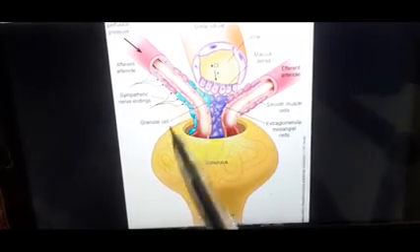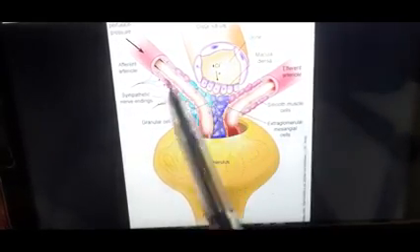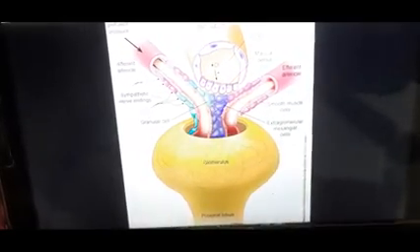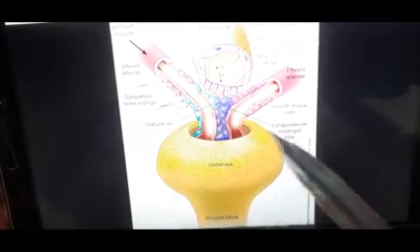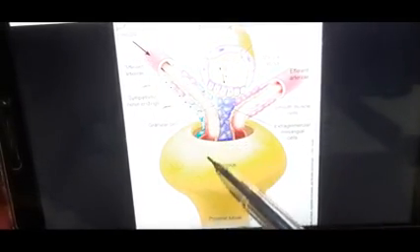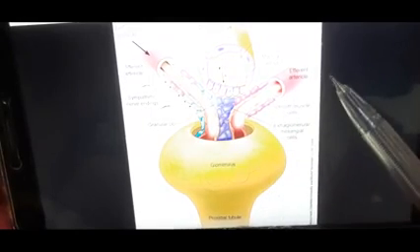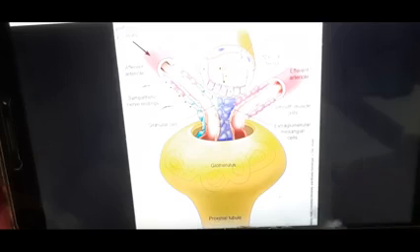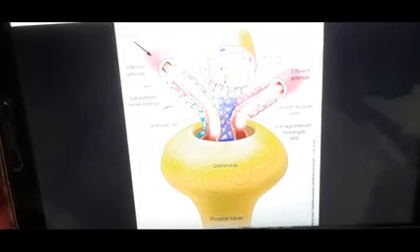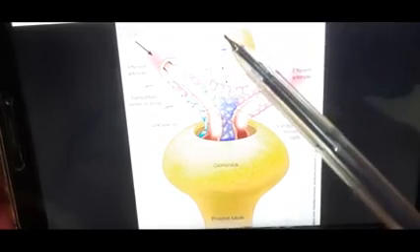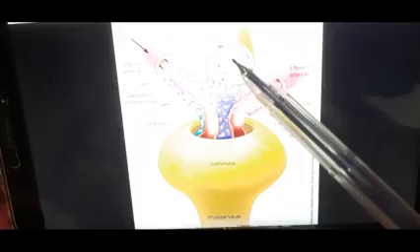So this picture which you have seen, this is the juxtaglomerular apparatus. This is the glomerulus, this is the afferent arteriole, and this is the efferent arteriole, and this is the PCT, proximal tubule, and this is the part of DCT.